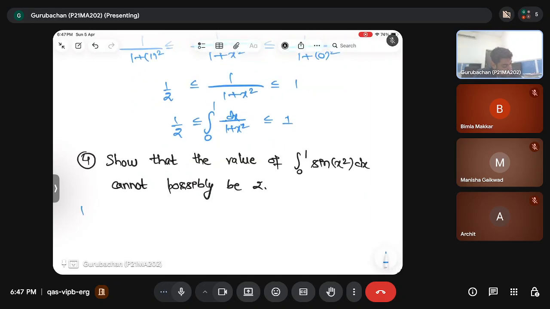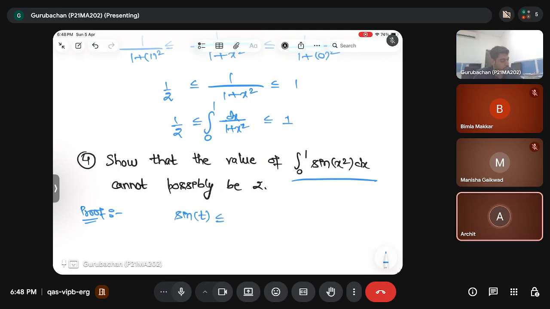So we need to show that there is some value less than 2 which is the upper bound of this one, right? So tell me, sin x square will be bounded by, simply think about, sin t is bounded by 1 and minus 1.